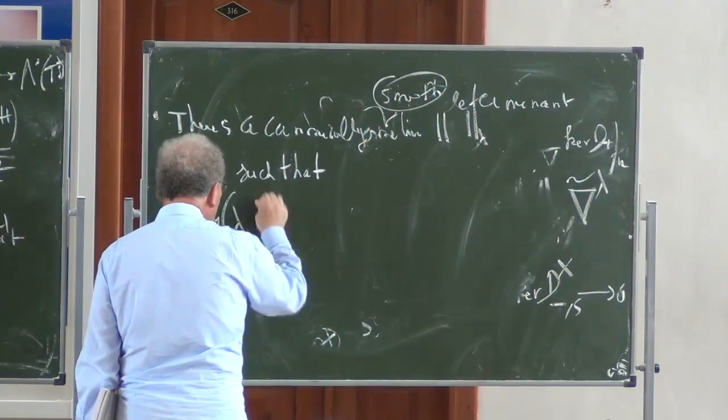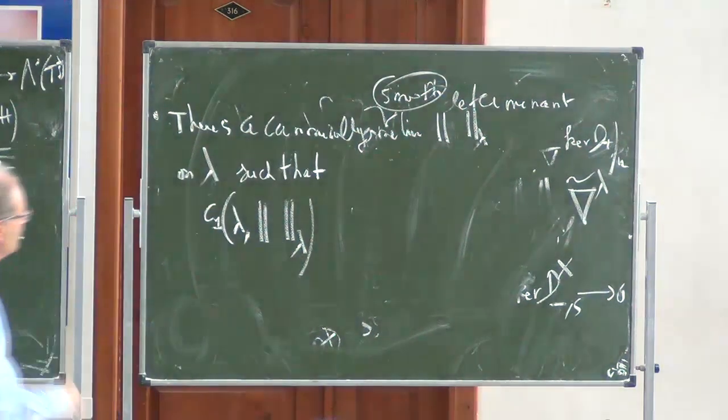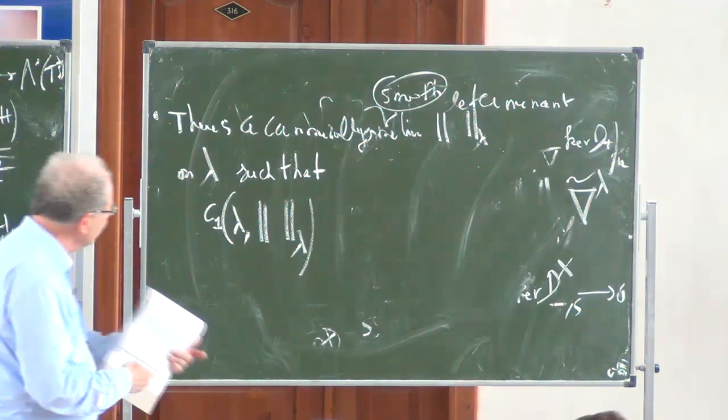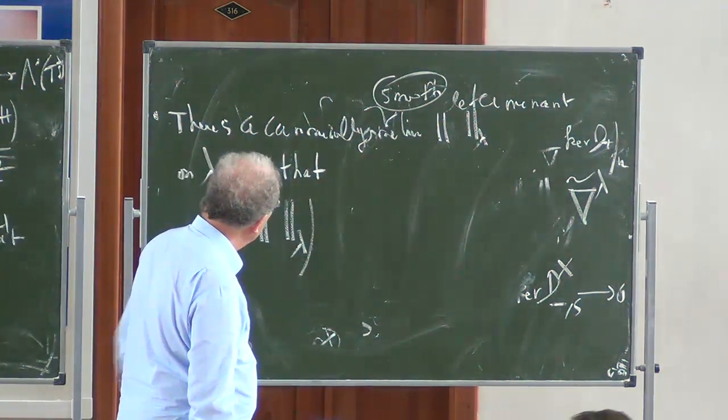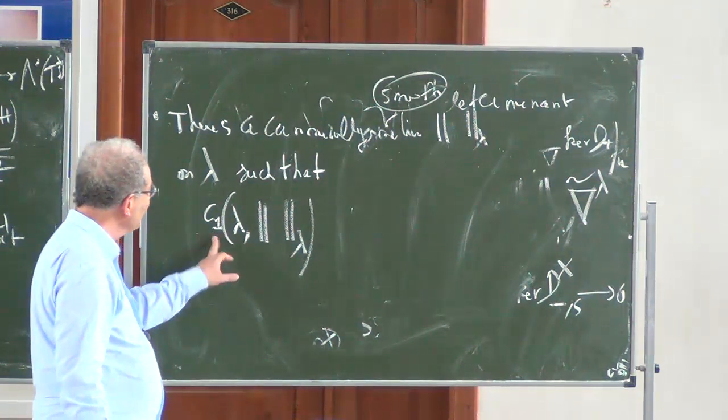c1, now if you have a holomorphic line bundle with a metric, this defines a Chern connection. Contrary to what we had in the smooth category, where metrics and connections are sort of disconnected, in the holomorphic category the metric determines a connection. So once you have a metric on a line bundle, it defines the Chern connection, and from this you can calculate the c1 form.